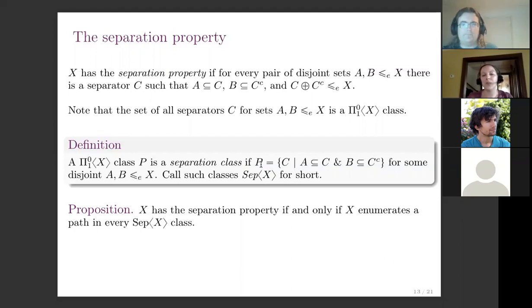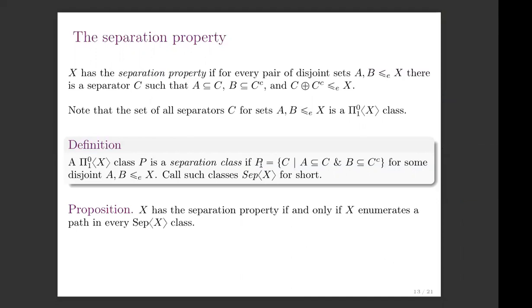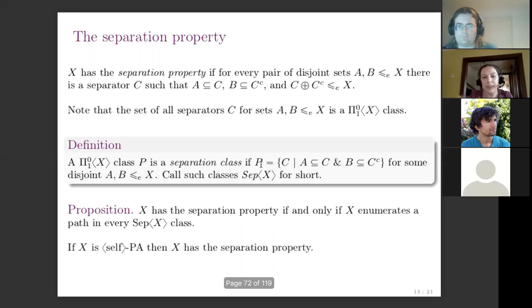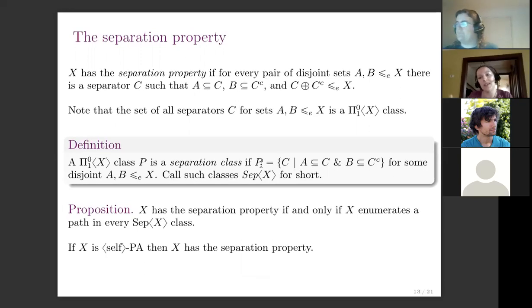If we restrict from all pi-0 relative to X classes to just the sep-X classes, the separation classes, then the separation property is exactly like self-PA. In particular, if X is self-PA, X will have the separation property. So we can think of the separation property as an analogy to self-PA, but restricted to just separation classes.